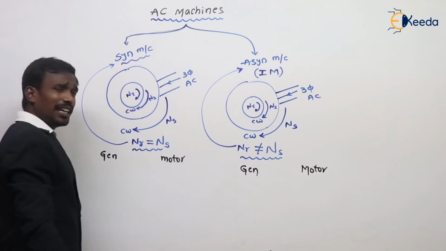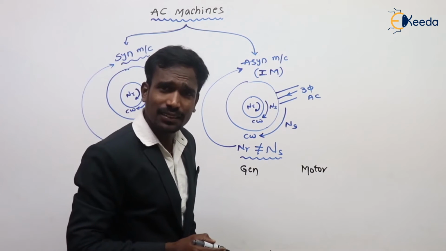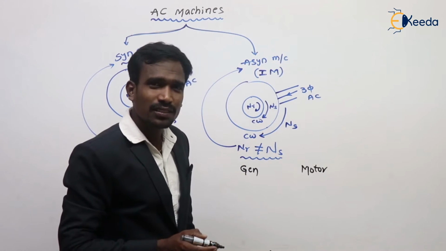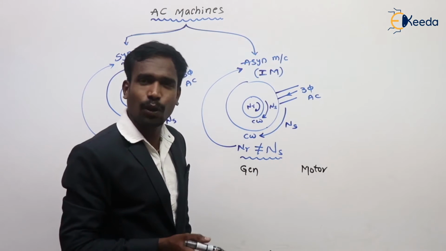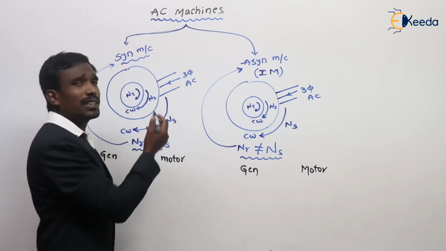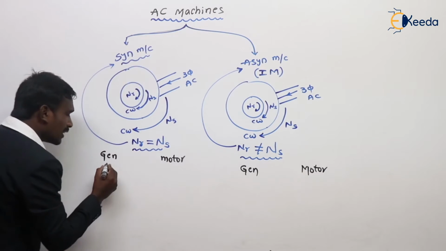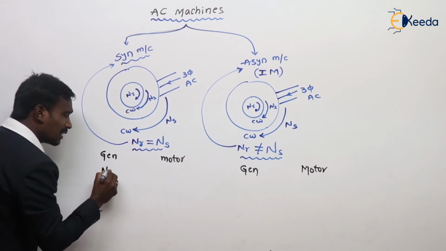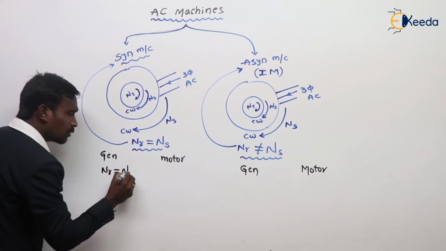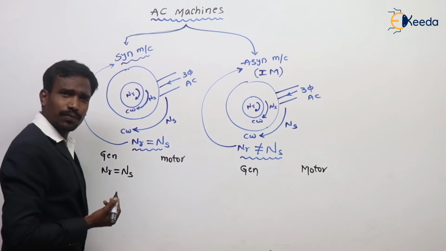In a synchronous generator, what is my rotor speed? Whether it is synchronous generator or synchronous motor, it is a synchronous machine, so the rotor speed exactly equals synchronous speed.